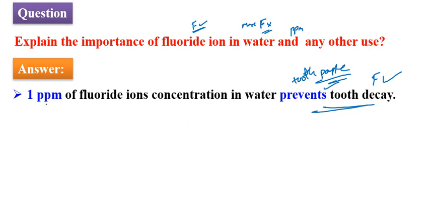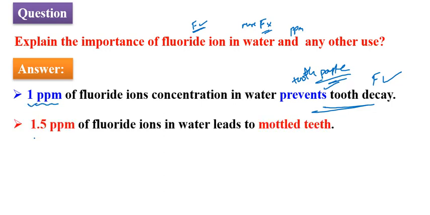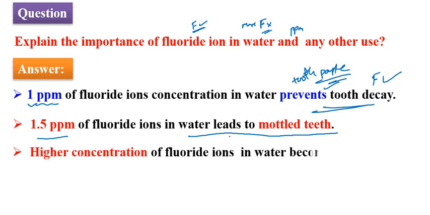Okay, the quantity up to 1 ppm is very good, it is required. But at the same time, 1.5 ppm of fluoride ion in water leads to mottled teeth, that means damaging.